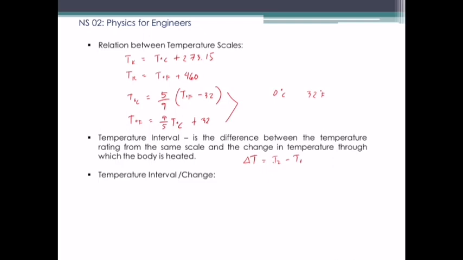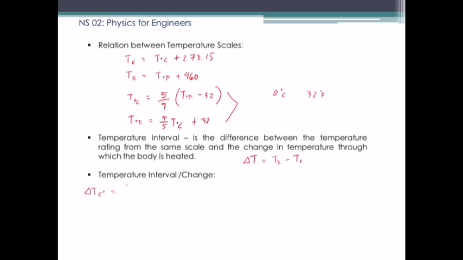Then we have your temperature interval or temperature change. So, the relation between the temperature scales in temperature intervals. We have here the temperature change in Celsius degrees. For this one, we will put the degrees symbol in front of the Celsius to denote that it is a change in temperature.